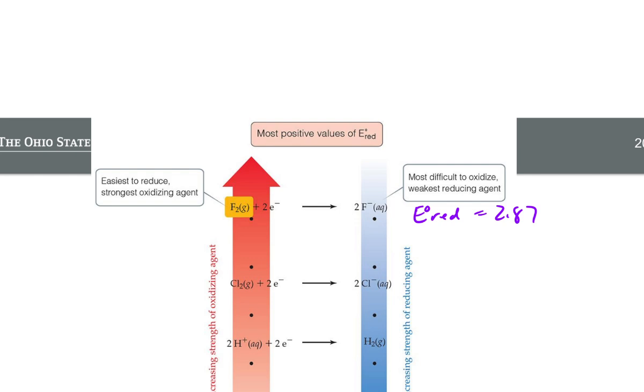This is a very easy reduction reaction to take place. That means that F2 is a strong oxidizing agent. F minus, on the other hand, is very difficult to oxidize. It is the weakest reducing agent.